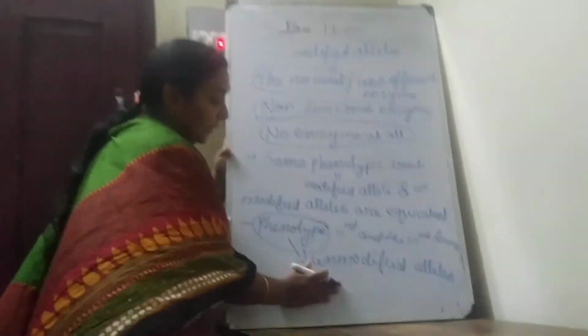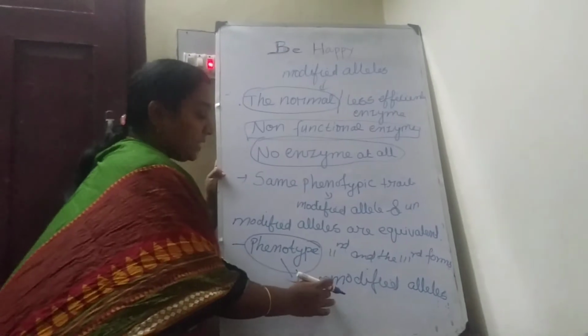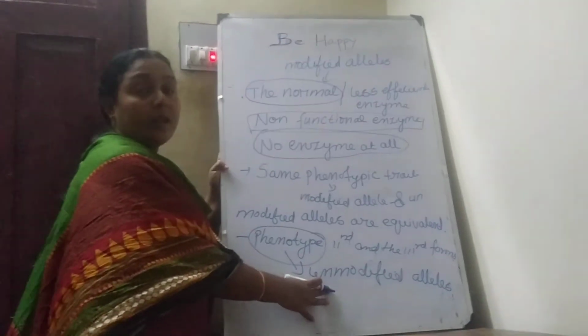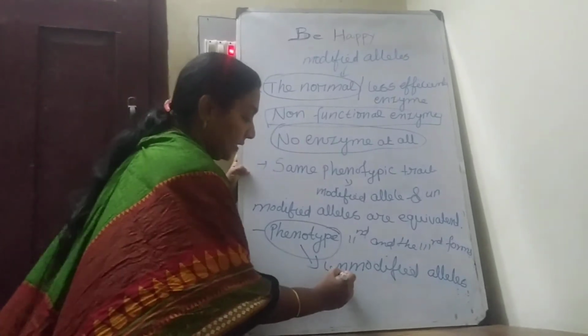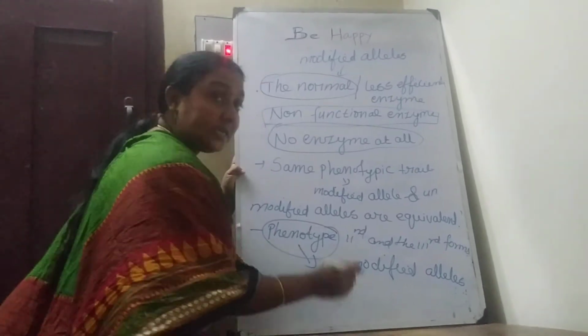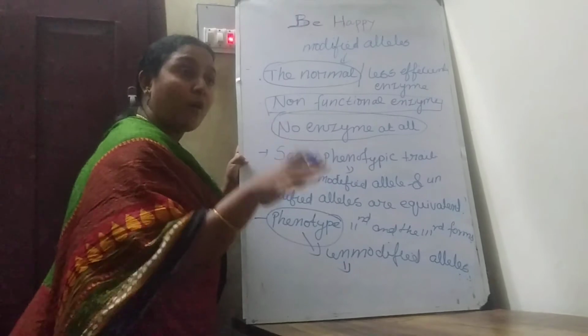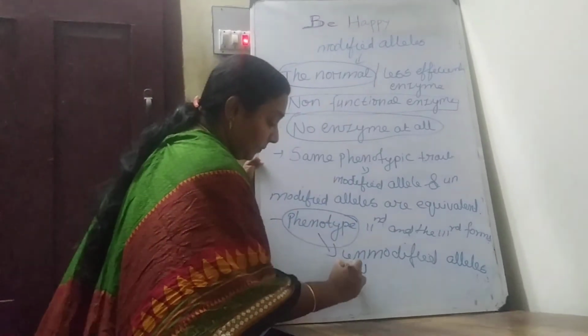Here nothing will be changed, isn't it? So this unmodified allele represents what? The phenotype of the dominant trait.